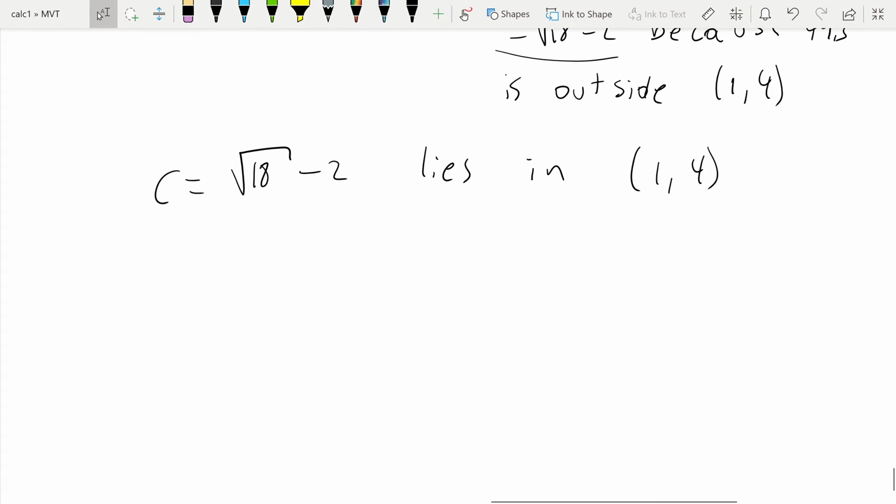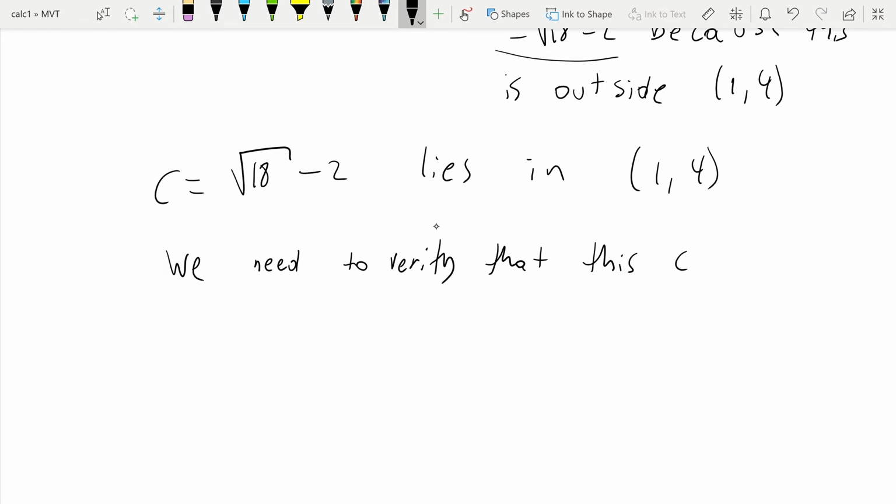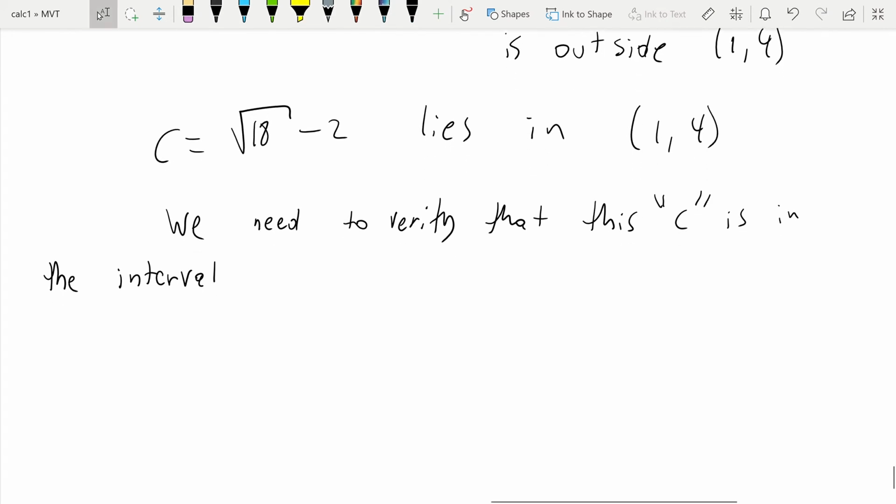But now that we're solving this problem, let's go over it. We need to verify that this point c is actually in the interval. So is square root of 18 minus 2 greater than 1?